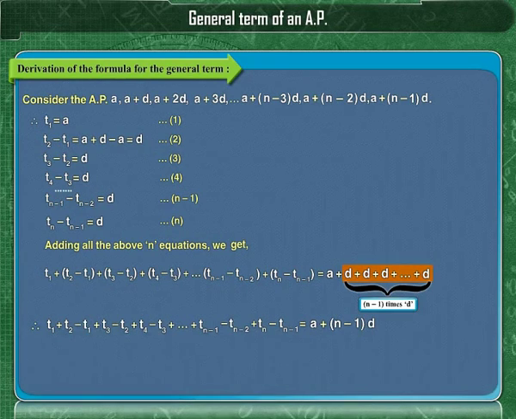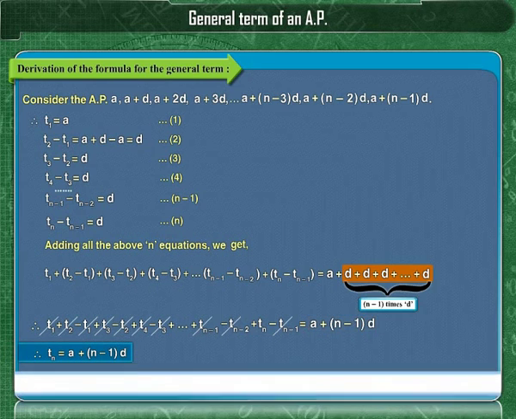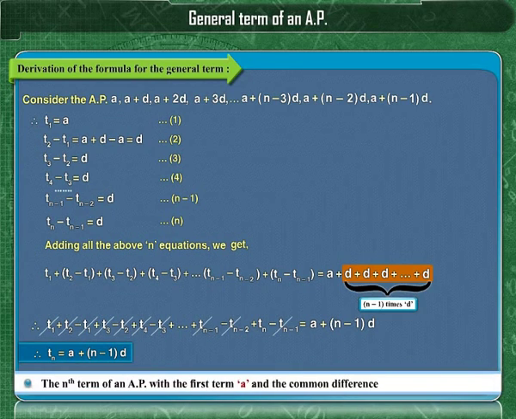By cancelling the common terms, what will you get on the left-hand side? We get only Tn. Therefore, Tn is a plus (n minus 1) into d. Thus, the nth term of an AP with the first term a and the common difference d is Tn is a plus (n minus 1) into d.